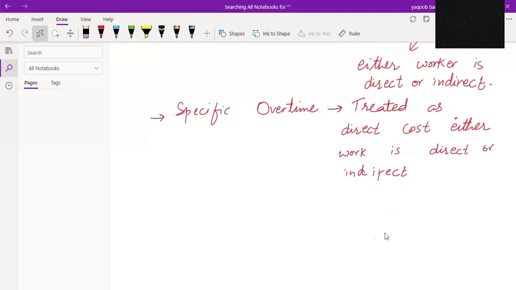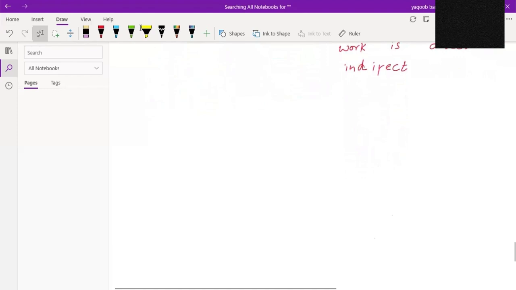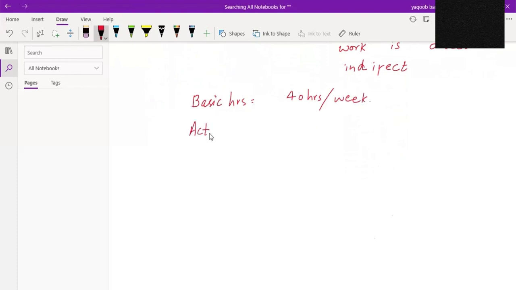For example, if we talk about direct labor, say direct labor has basic hours of 40 hours per week, and actual hours worked are 49, which includes 6 specific overtime hours.